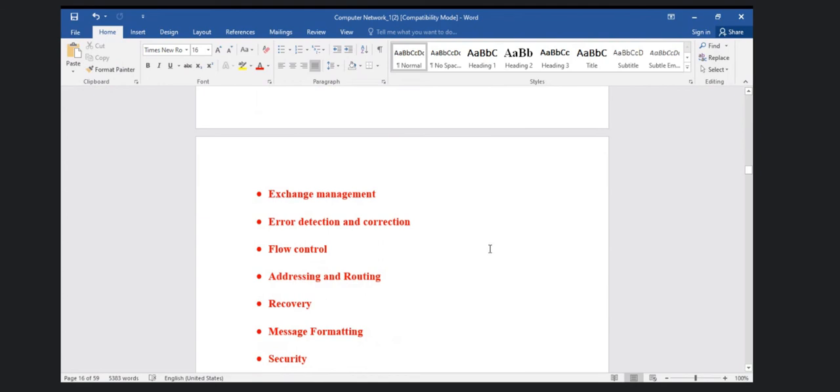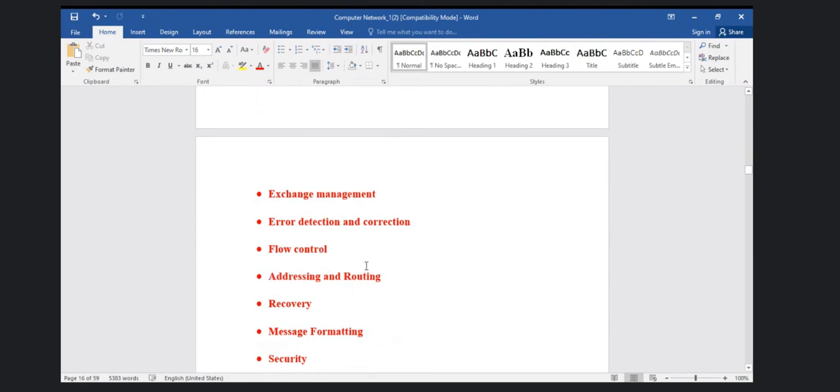So we need a flow control mechanism so that the receiver can receive the data sent by the sender, and this is known as flow control.